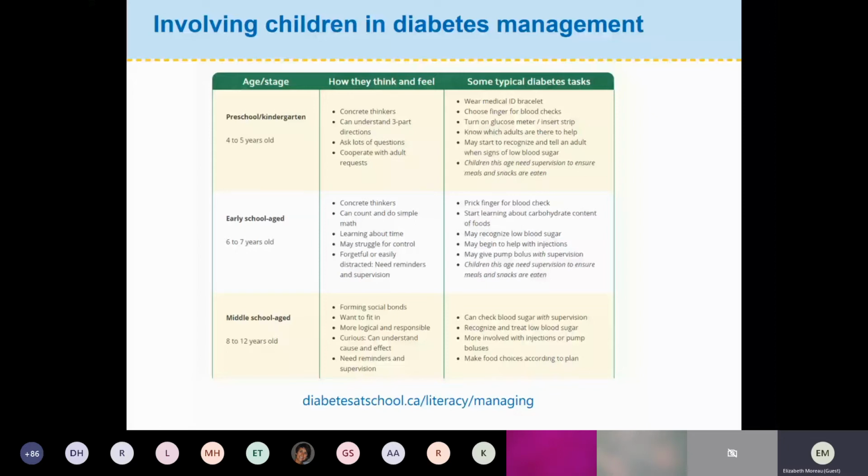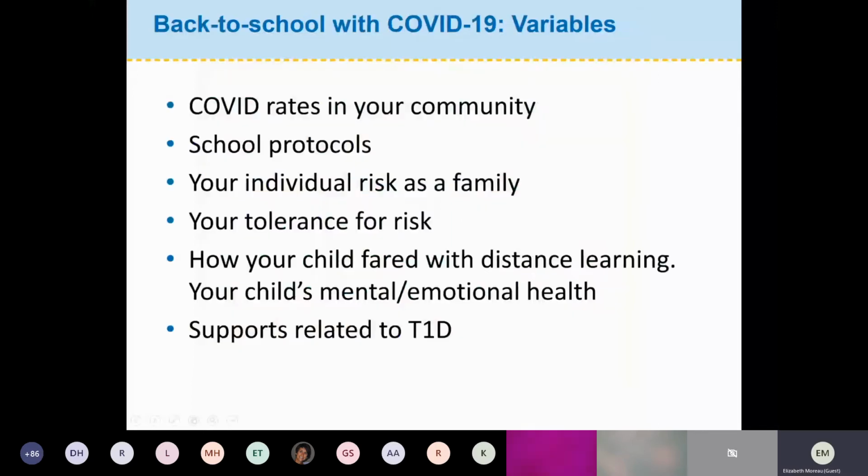They may be able to choose a finger or offer a finger, but that's about all we should expect from them. So hopefully this chart can be helpful if you're having to explain to schools, or if you're thinking, well, geez, what should my child be doing, and what should I be expecting an adult to do for them or with them.